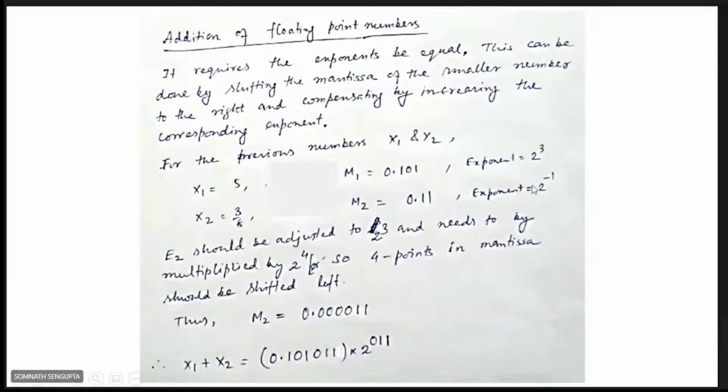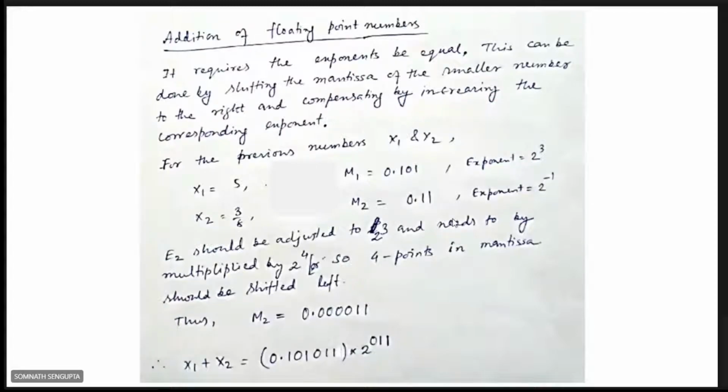That means multiplication by 2 to the power 4 means you are increasing the exponent, so you have to decrease the mantissa. So the binary point would be shifted left.